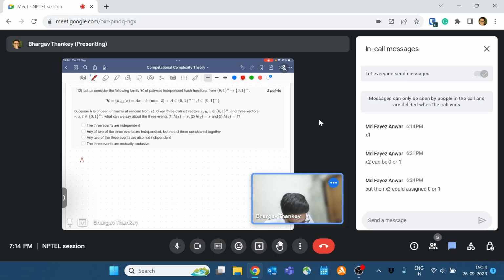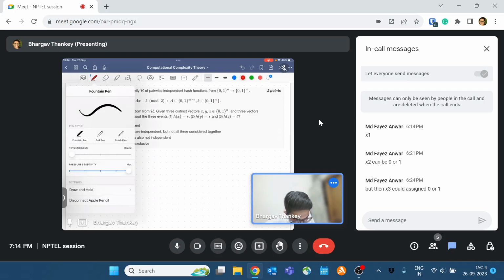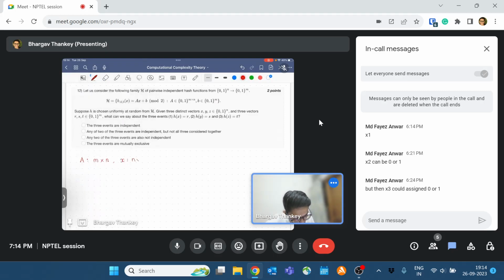So A is m cross n, and X is n cross 1. So AX is m cross 1.